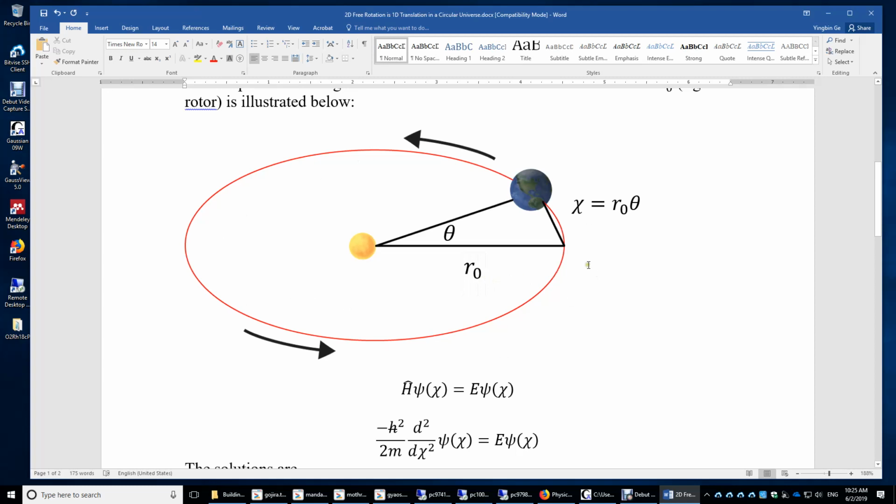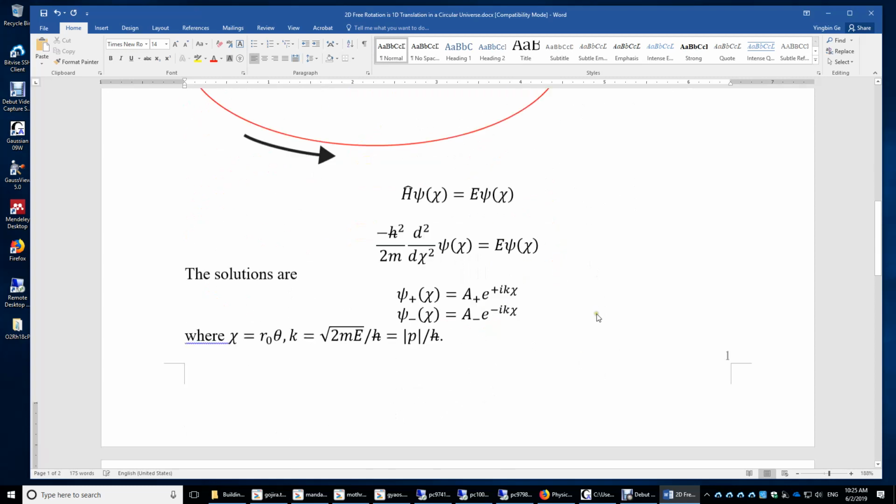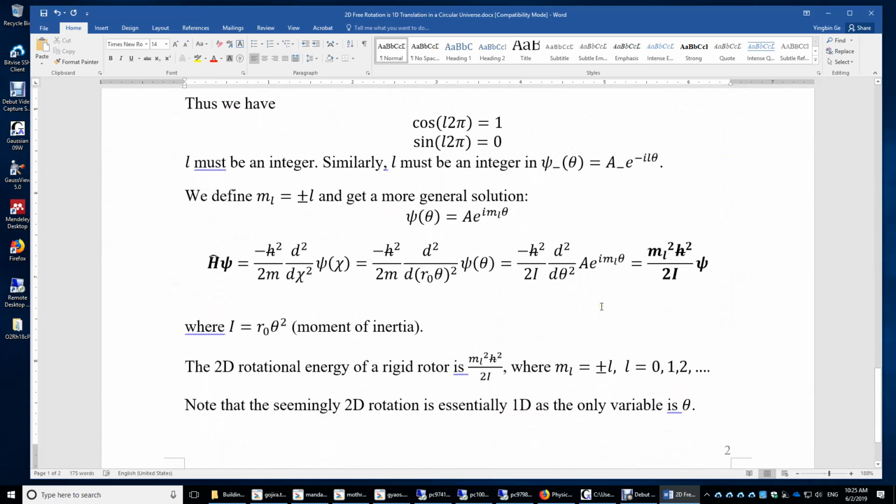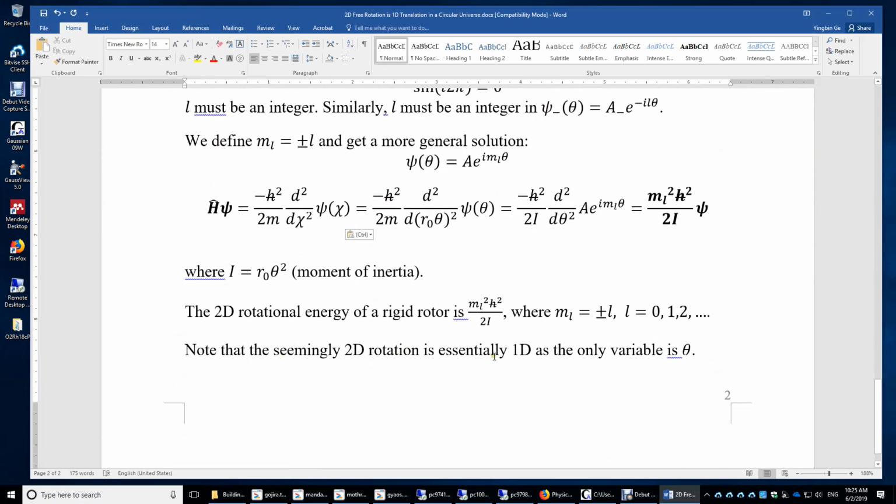There's only one variable, θ. Only θ changes. So essentially, you may call this one-dimensional rotation. And in the future, when we look at statistical thermodynamics, if you have this one-dimensional rotation, the average kinetic energy is only 1/2 kBT.